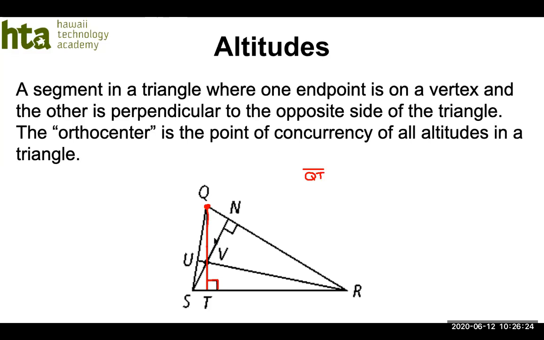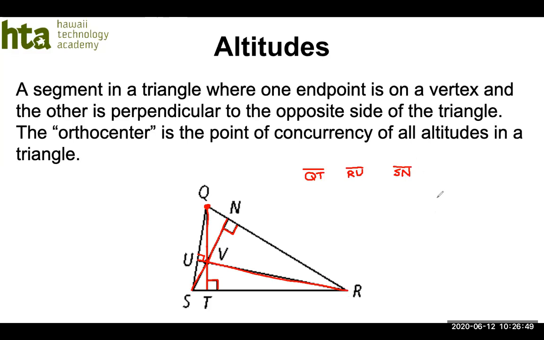All right, another altitude would be from a vertex R all the way to U. That also makes a right angle. So RU, having fun, RU is an altitude. And another altitude in this figure would be SN. So vertex S all the way to the perpendicular N. That is also an altitude. So these are three altitudes.